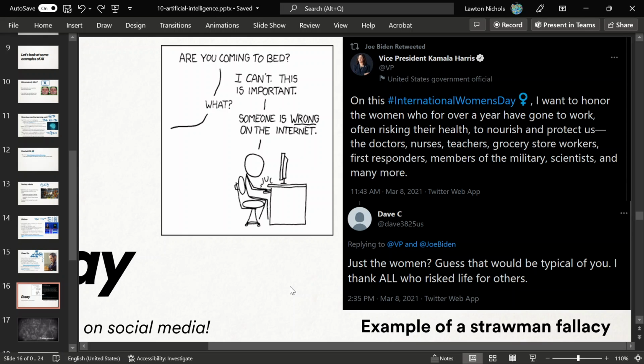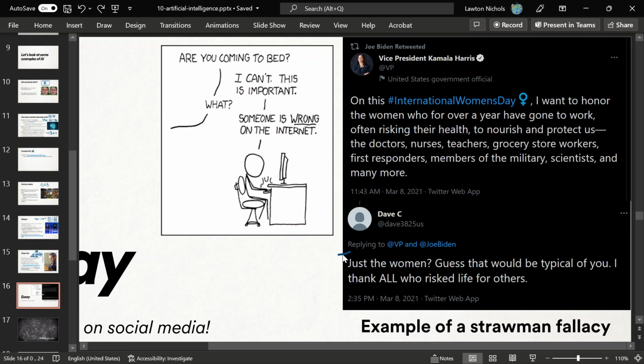And this would be a great example of a straw man fallacy. You would say, okay, this is a straw man fallacy because the vice president was saying nothing about other people. She was highlighting the work of women and not trying to degrade or bring down anybody else. It was just International Women's Day, and that was the point, right? To highlight things and just honor women.